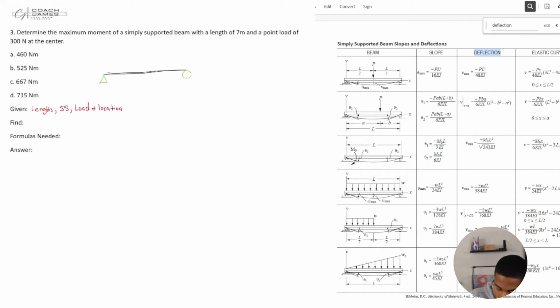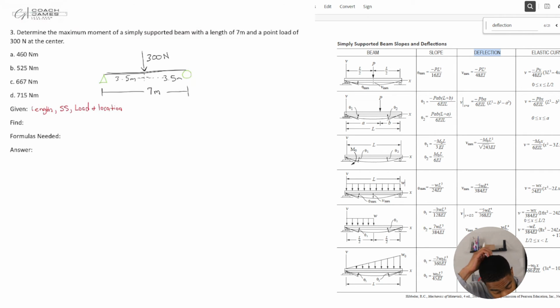I know that from here to the end of my beam is going to be my length, which is 7 meters. Okay. And I know that my point load is happening right at the center. So it should be 3.5 meters and then 3.5 meters from the center. All right. Okay. And this load is 300 newtons.